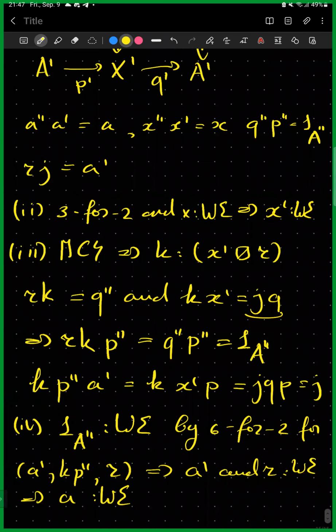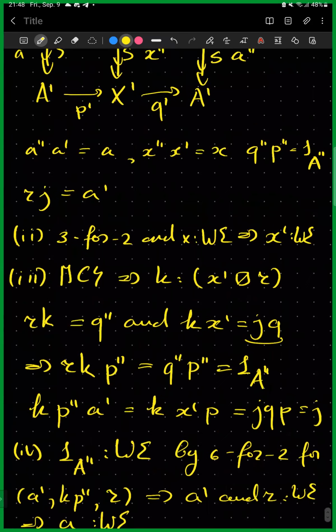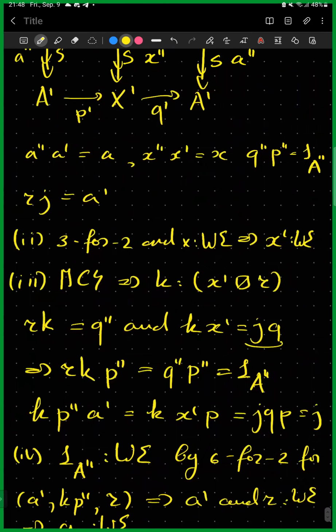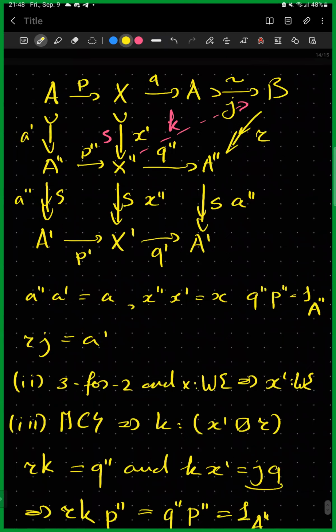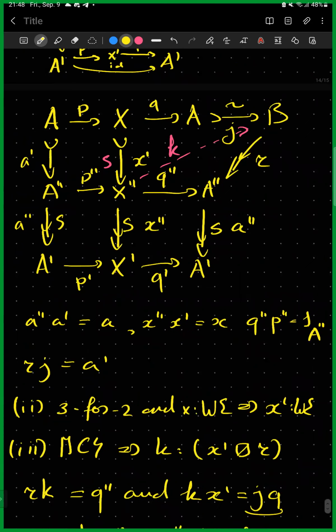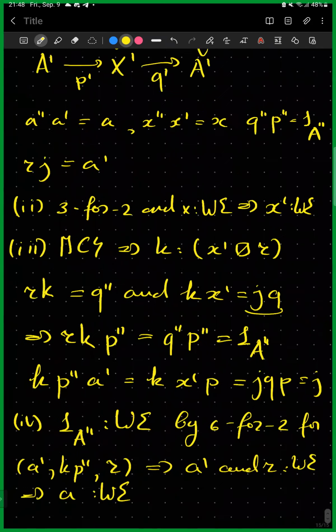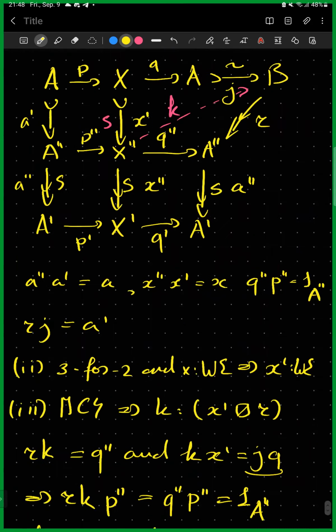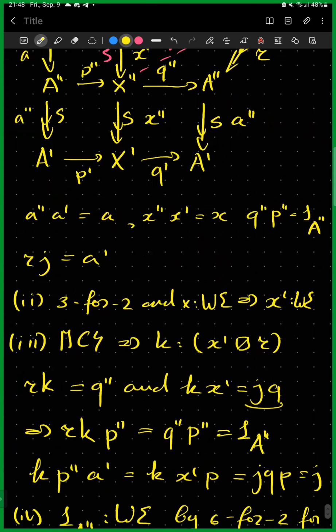This in turn implies that the composition of all three maps, which is equal to... wait a moment. Yes, so the composition of all three.